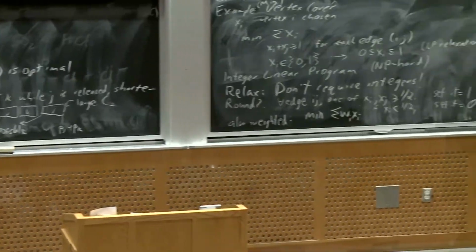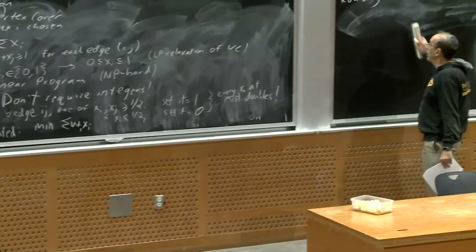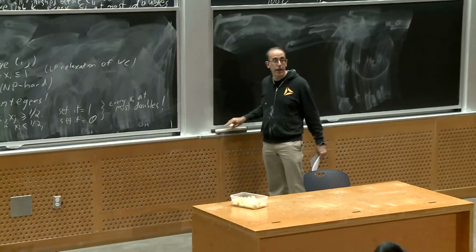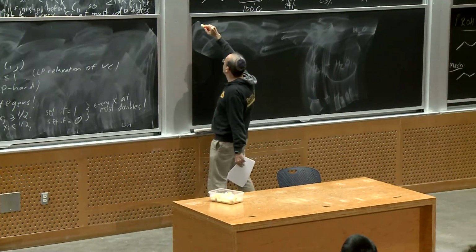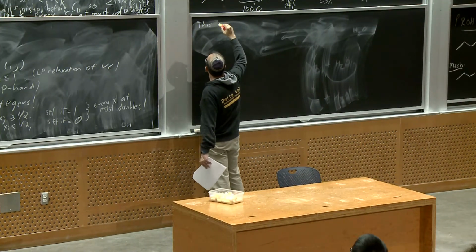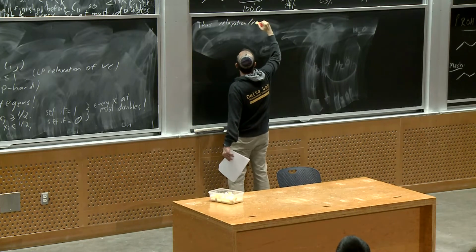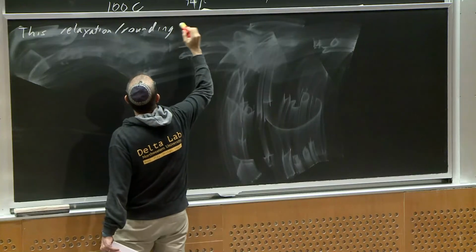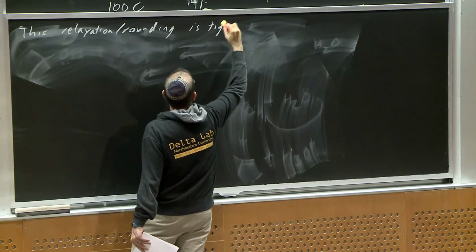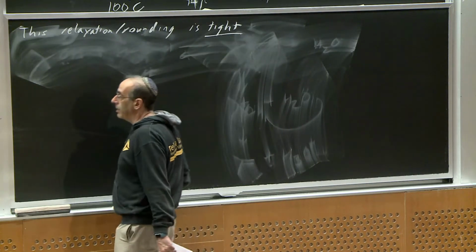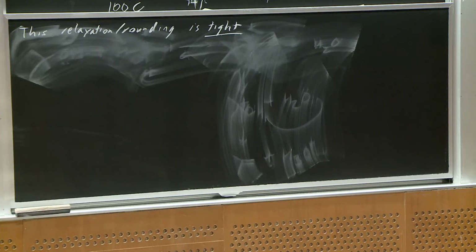Okay? Now, you asked, is there a way to show you can't do better? So first I will mention that this relaxation and rounding is tight in a really strong way.